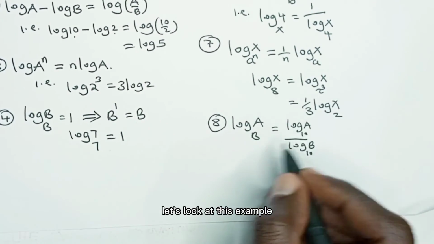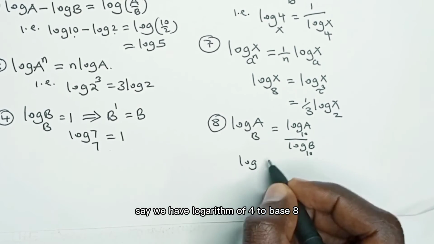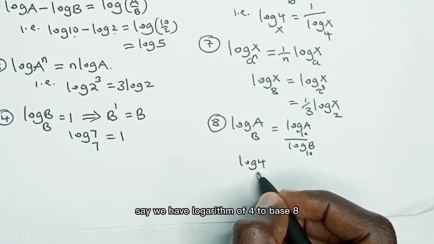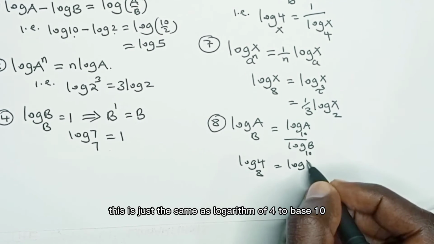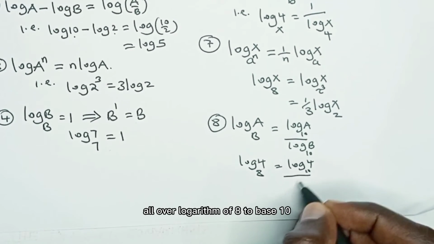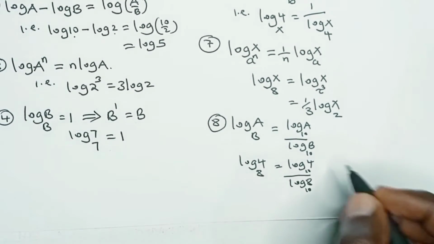Let's look at this example. Say we have logarithm of 4 to base 8. This is just the same as logarithm of 4 to base 10 all over logarithm of 8 to base 10.